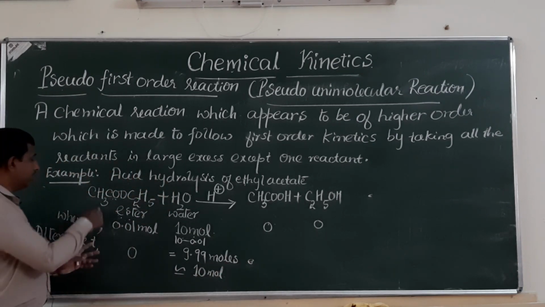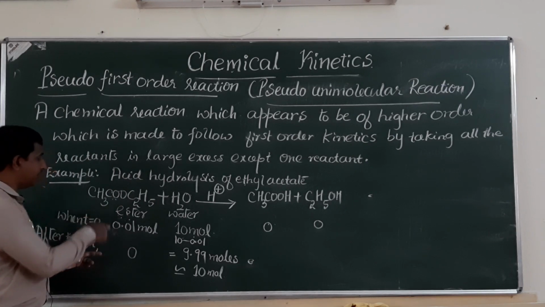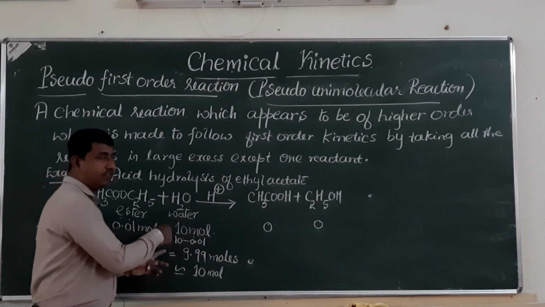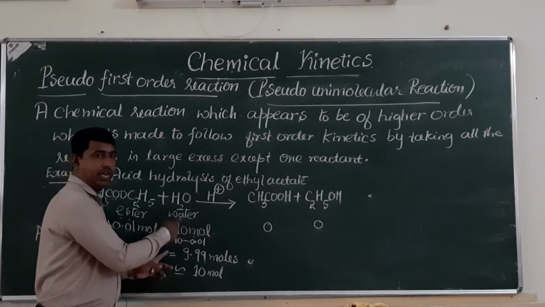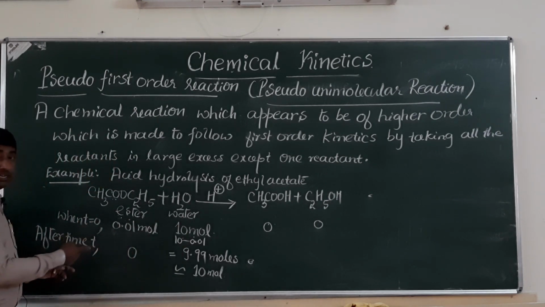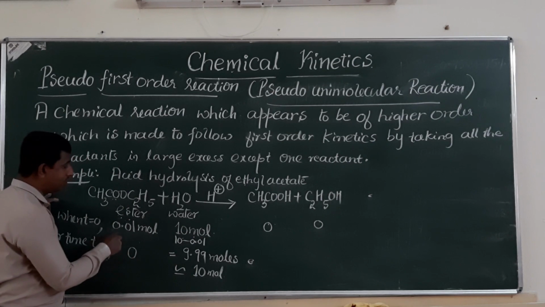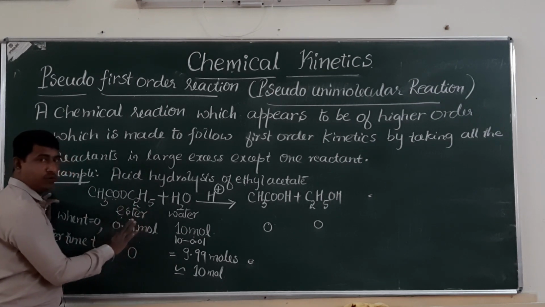So what I told in the beginning: concentration of ester is very less, equal to 0.01, and concentration of water is very high, equal to 10. After the time interval t, the amount of ester left out is 0, so out of 0.01, the whole 0.01 will react.